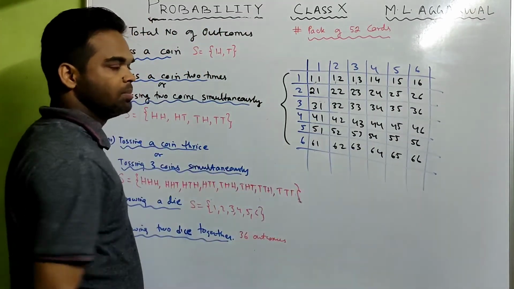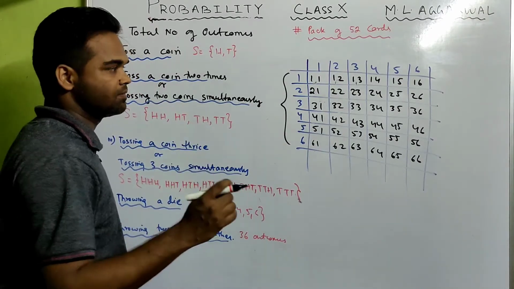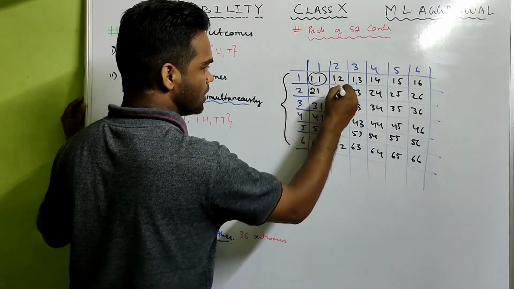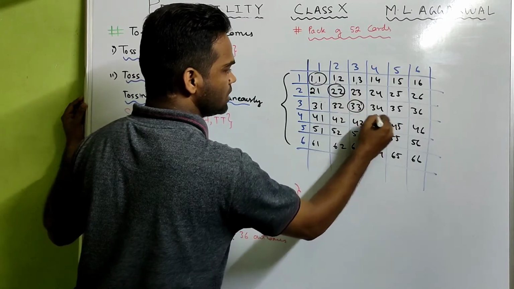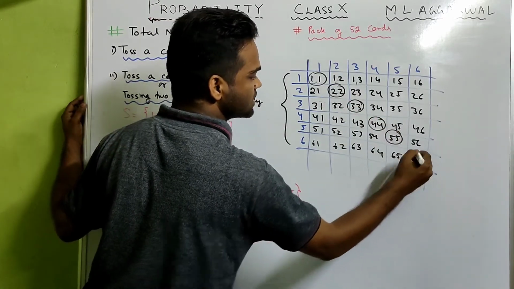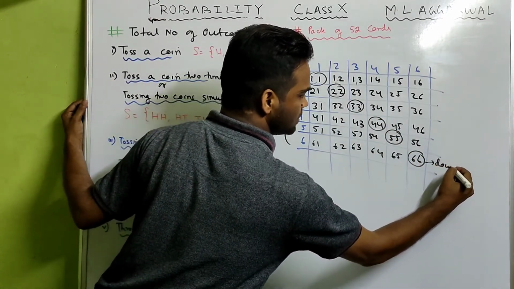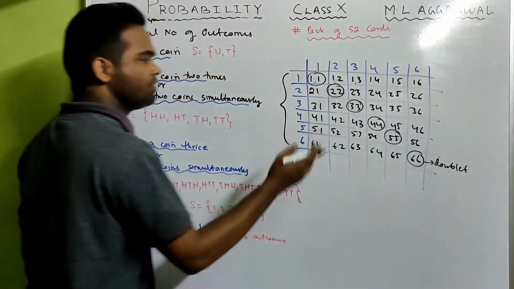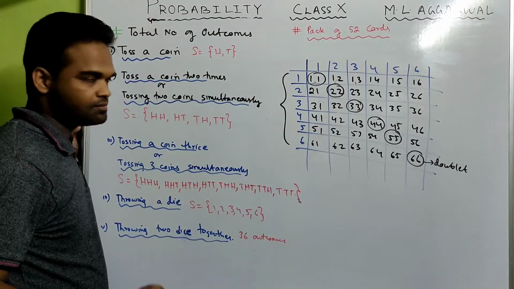So your total outcome will be 36. Look carefully: 1,1; 2,2; 3,3; 4,4; 5,5; 6,6. These are known as doublets. Why? Because on both the faces we have the same numbers.